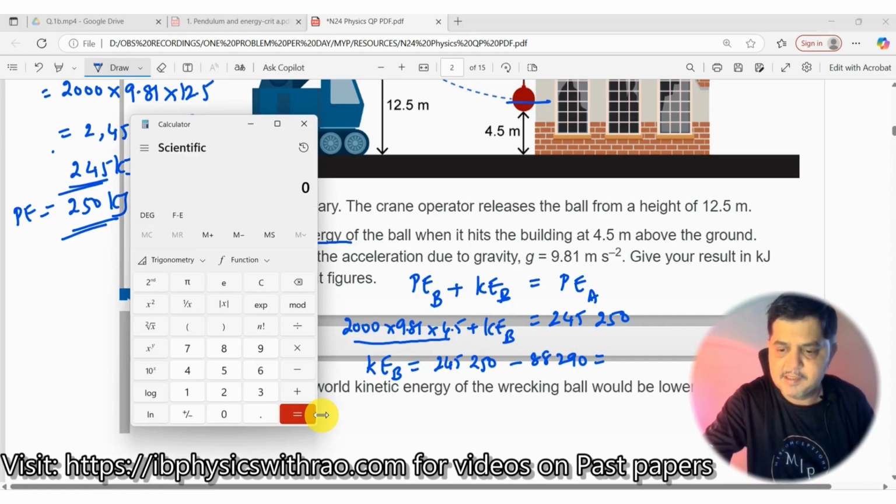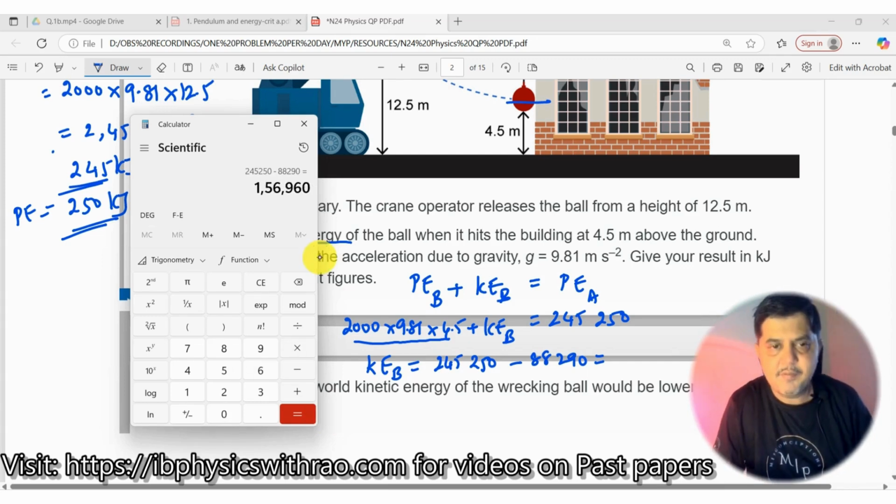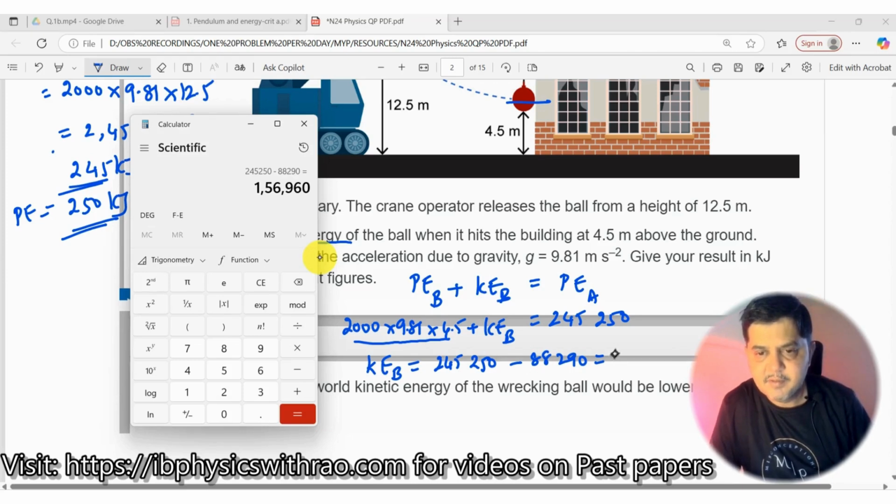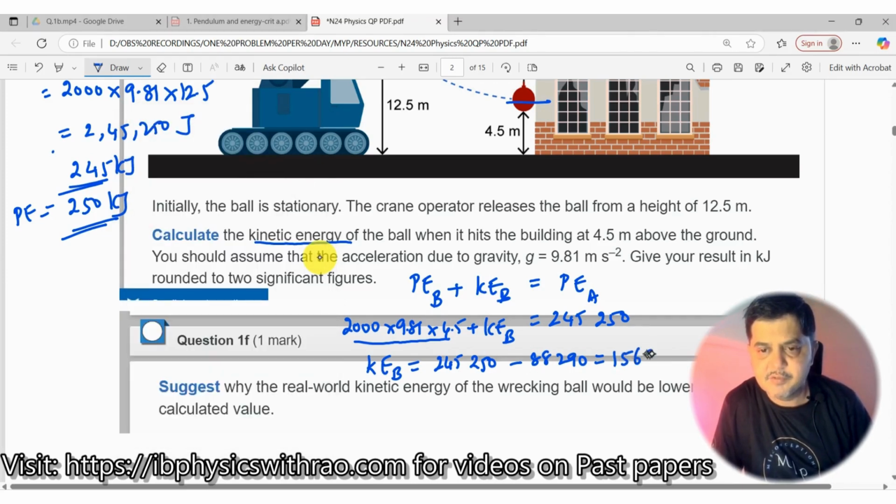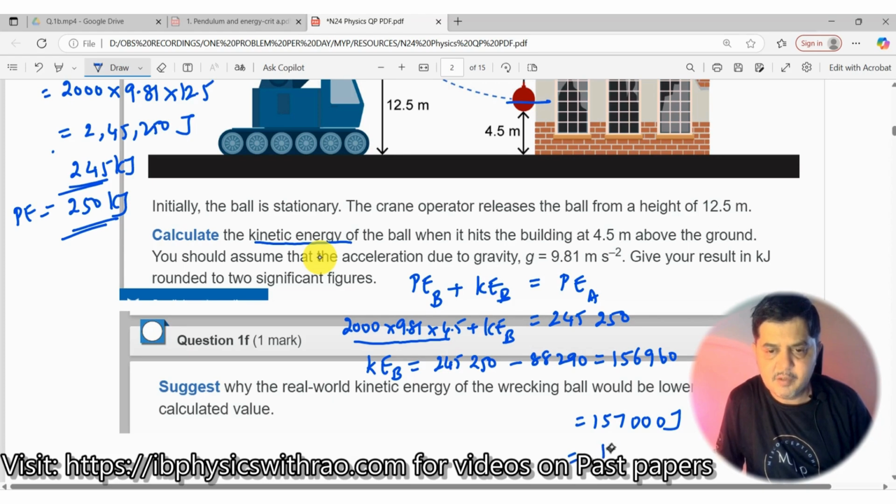Let me do this once again: 245,250 minus 88,290 will give me 156,960. So I can round this off and write this as 157,000 joules, which is equal to 157 kilojoules. This should be your answer.